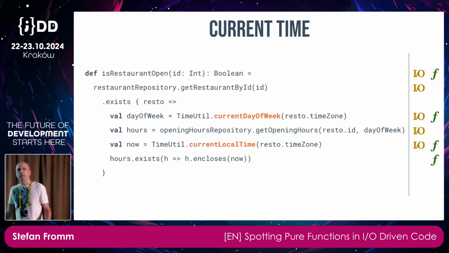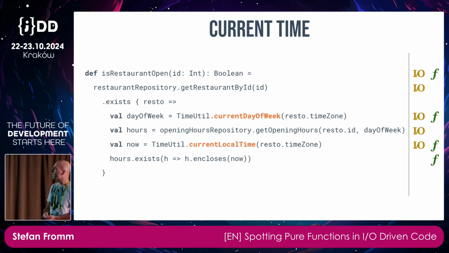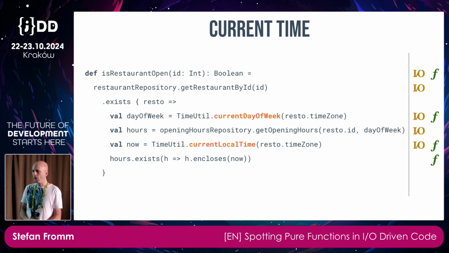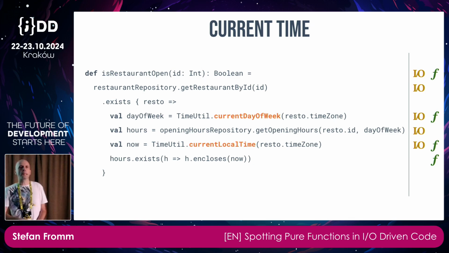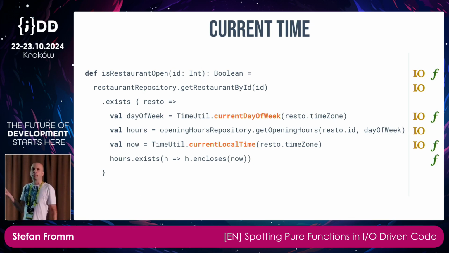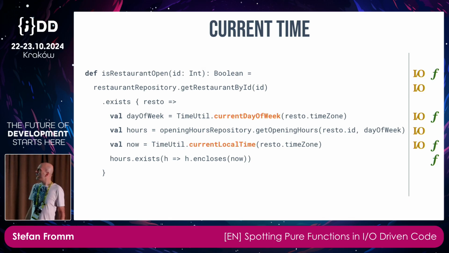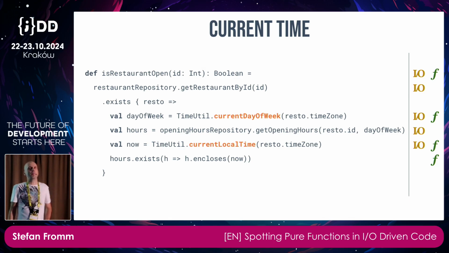We would introduce a test clock in our unit tests, set a fixed time, test this method, everything is fine. But in reality, the computer clock is not at a fixed time between these two calls. So the day may switch over, and you get really subtle bugs that happen very, very rarely, and then it's hard to understand them, to find them.